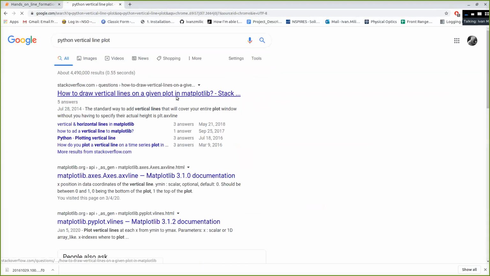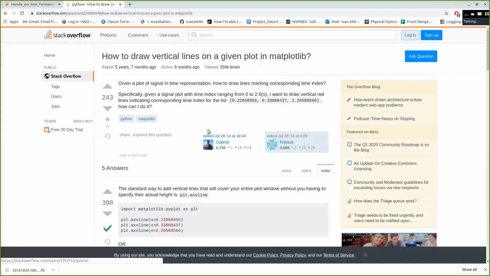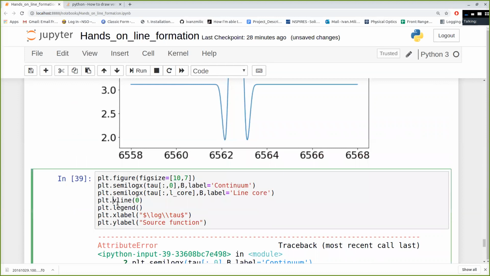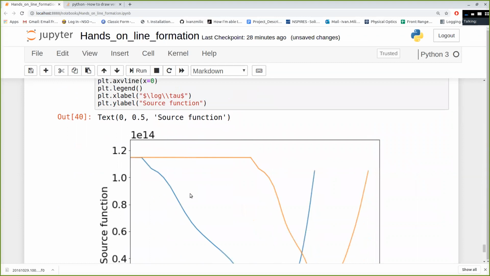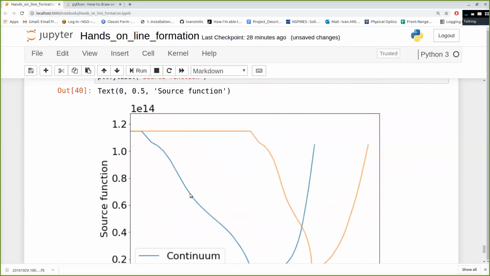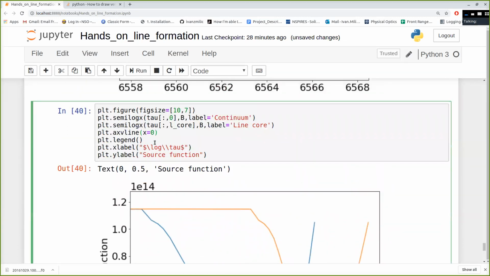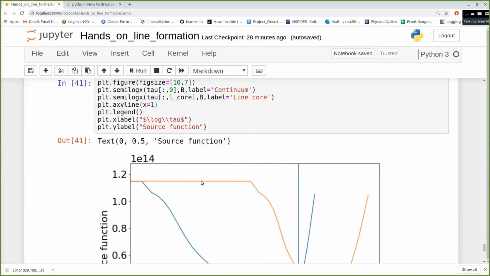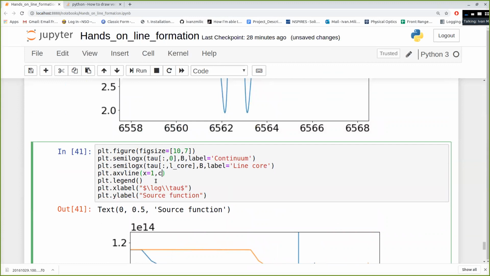Sorry about this. Ax B line. Okay, there it is. And let's set a color.